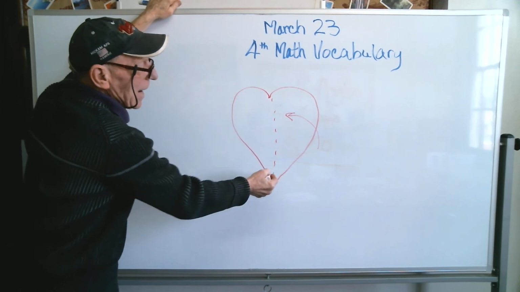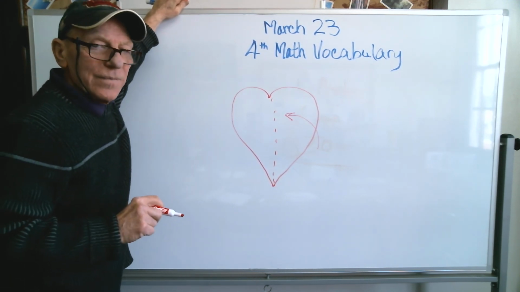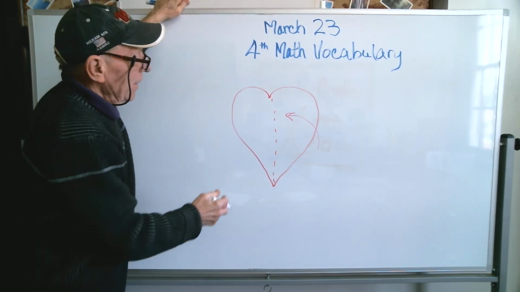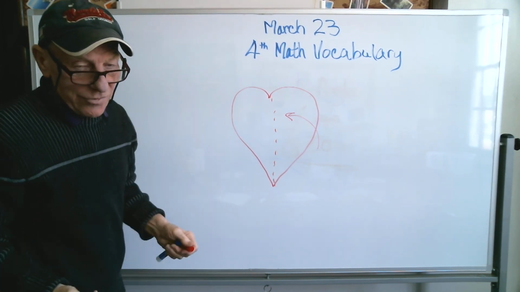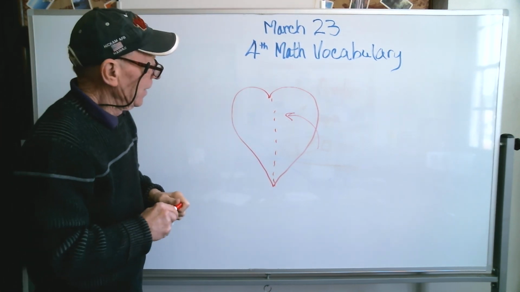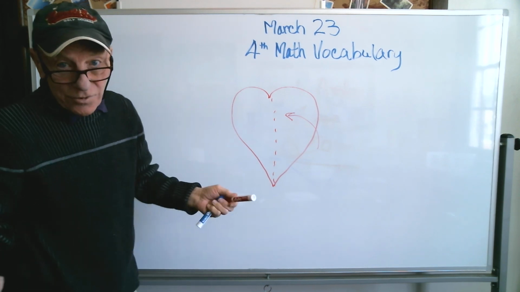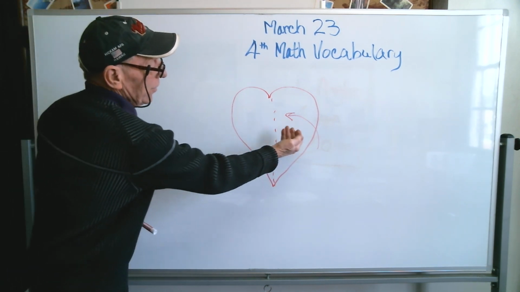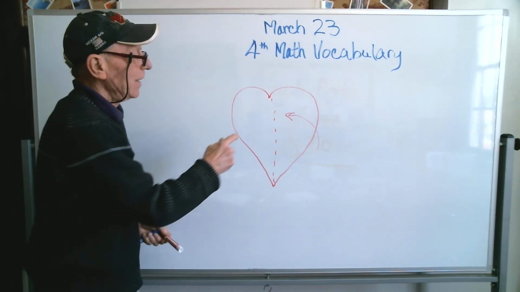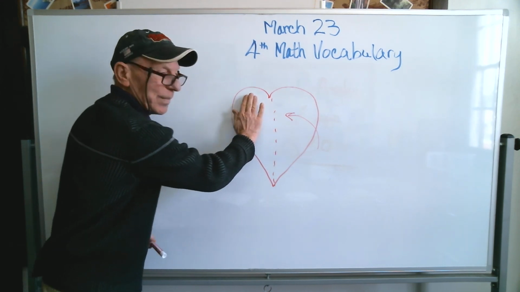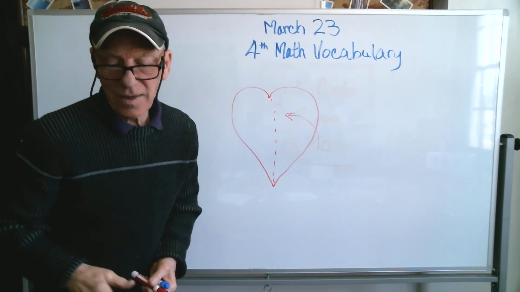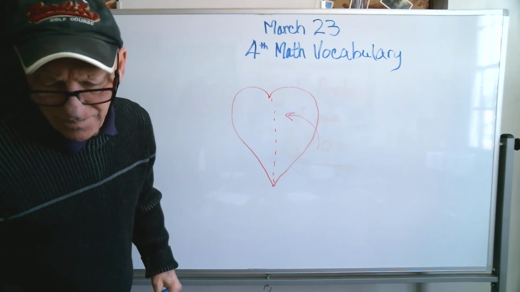Where that line that you would fold that image appears, that's the line of symmetry. Now, this object is a symmetric object because you can fold it and this half would be the same as that half. I know you all understand that.